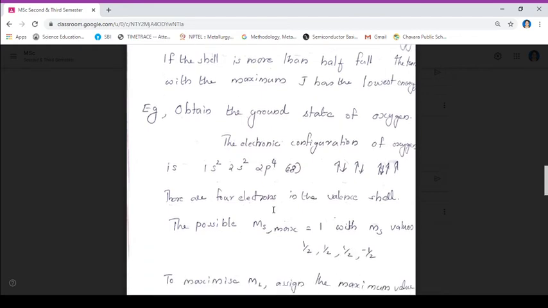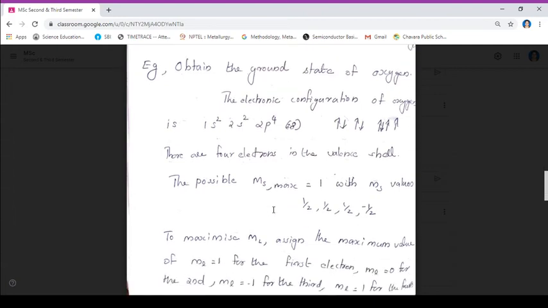If you take minus half for all the electrons, it will not represent the maximum value. So we take plus values to get the maximum. When you add this together, half plus half plus half minus half gives a value of 1. That means in this case S is equal to 1.